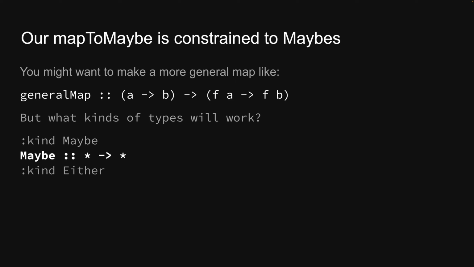string. And if you look at kind either, we've talked about either before. Either is a little bit different. Either is a star to star to star, which means if you did kind either string, what do you think it would look like?